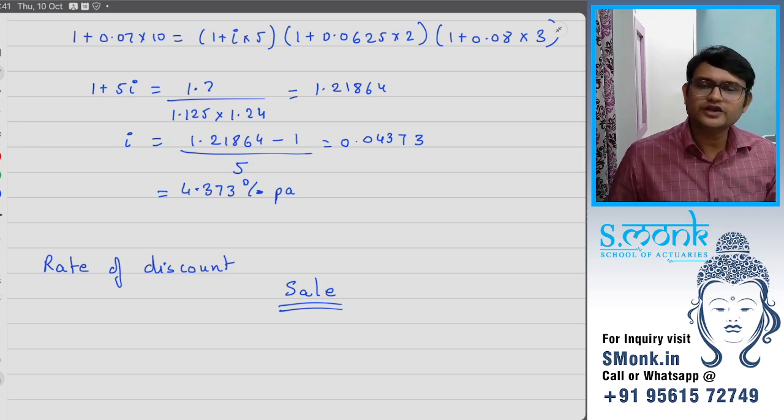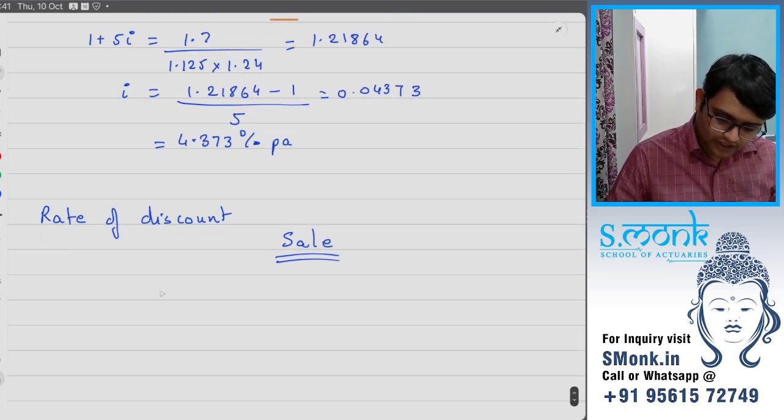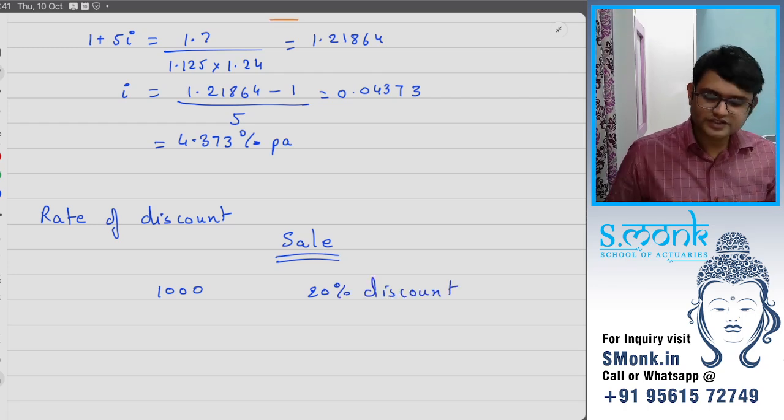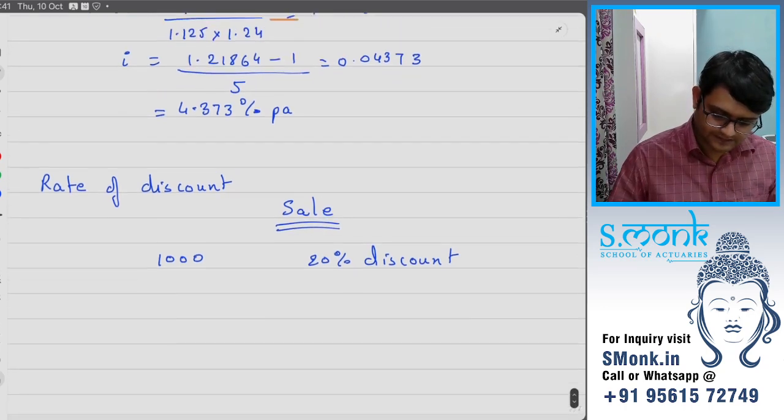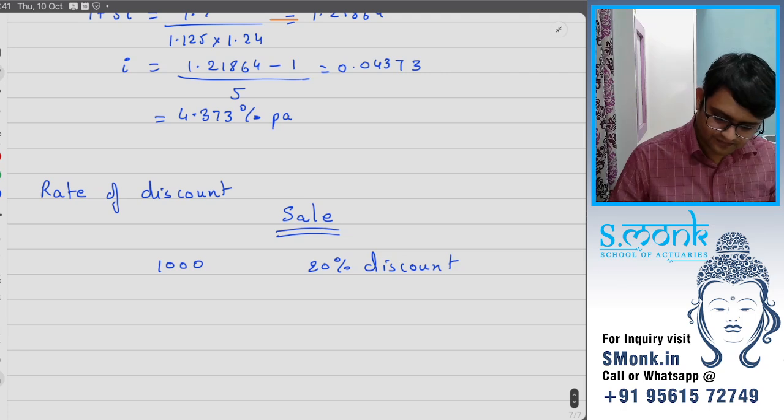Now, how do we calculate discount? If I say a product is of 1000 rupees and there is a 20% discount, how do we calculate the actual price? We would just calculate the 20%. So we'll say 20% of 1000 is 200, correct?